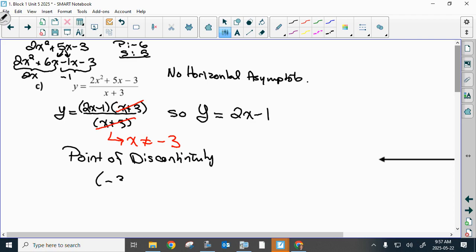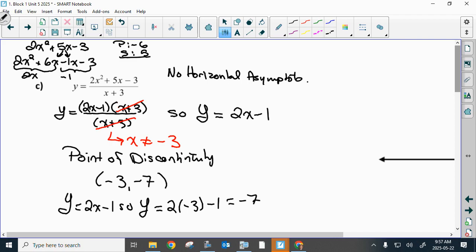And it's going to be at negative 3 and some number. Let's figure out the some number. Y is equal to 2x minus 1. So y is equal to 2 times negative 3 minus 1. So this is negative 7. So I have a point of discontinuity at negative 3 and negative 7.